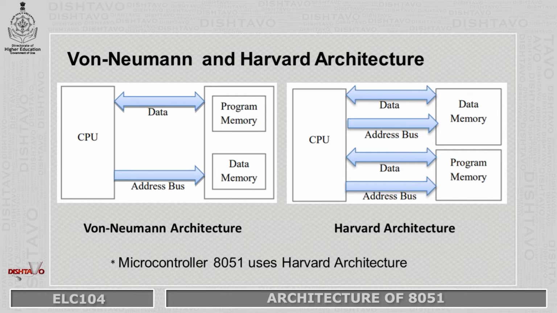In case of von Neumann architecture, as we can see, there is only one data bus and one address bus. This data bus and address bus, which is connected to the memory, will be responsible for fetching the program memory as well as the data memory.